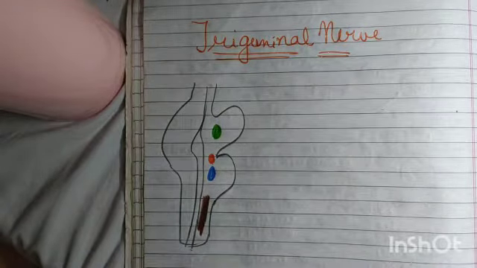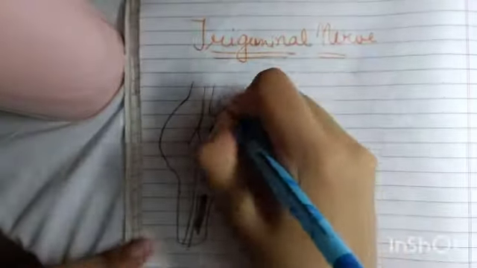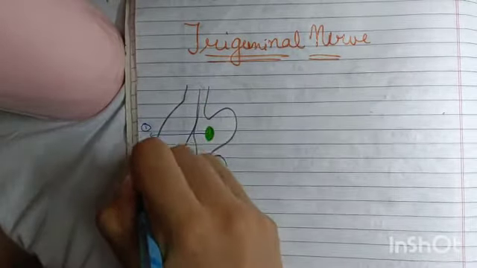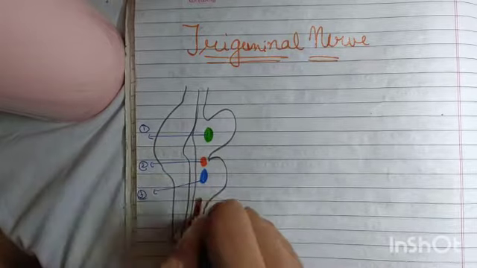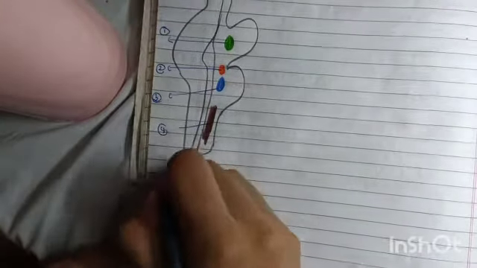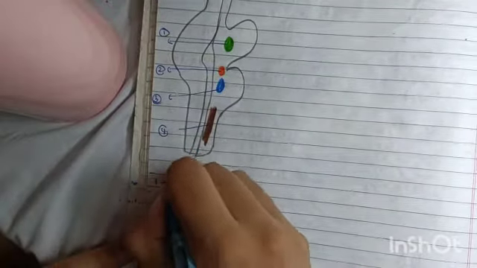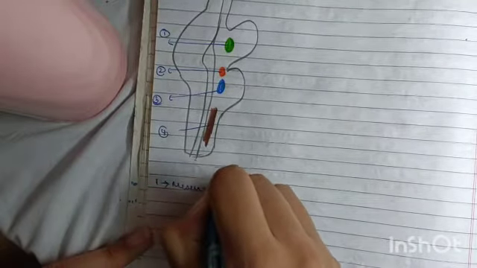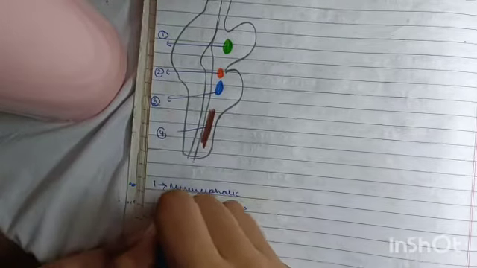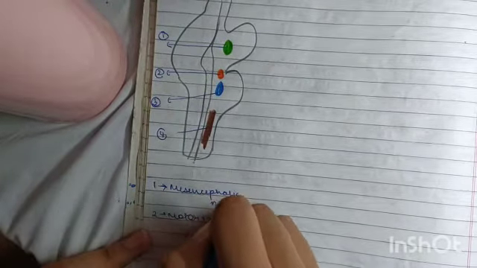Now I want you to remember their names. I'll just label them this way so that it does not get messy. The first one is the mesencephalic nucleus. The second one is the motor nucleus.